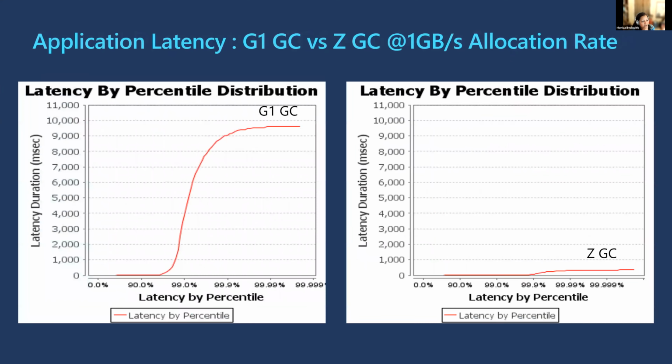Okay, so how did G1 do? Here we can see that with G1 the application really couldn't keep up, and saw about 10 seconds of pause time, whereas ZGC, like I said, only saw about 250 or so.